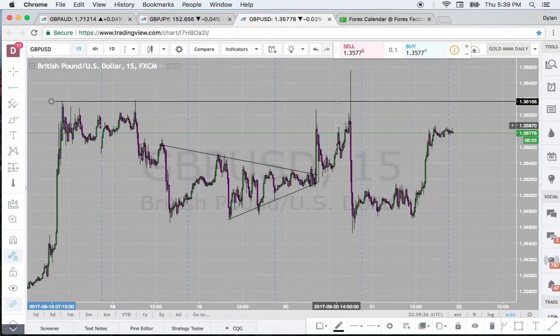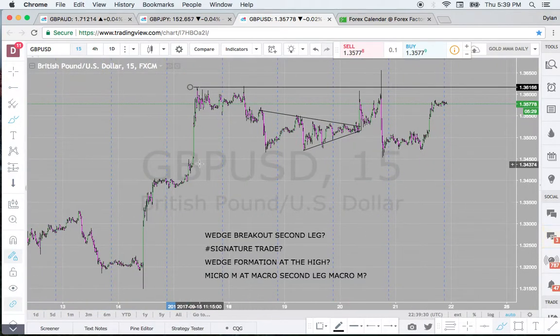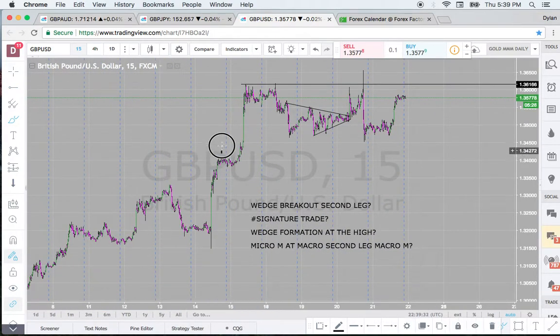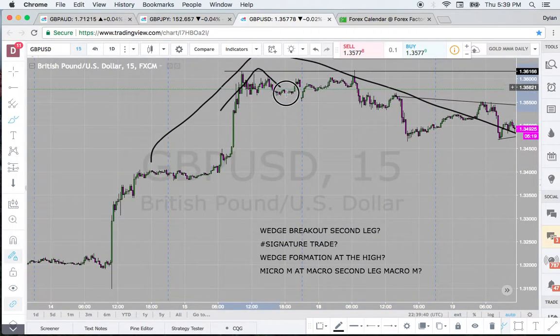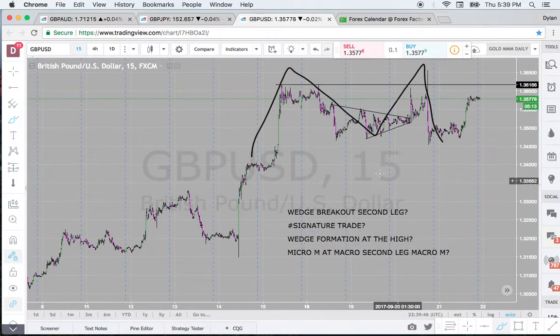Anyway, what we see is this big fat M, right? We have a micro M here, but that micro M is just one leg of a macro M, correct?